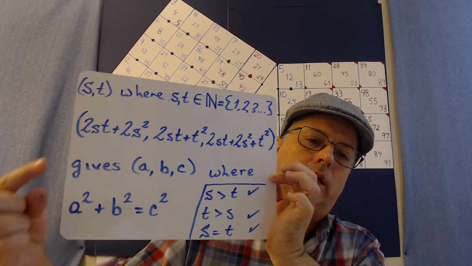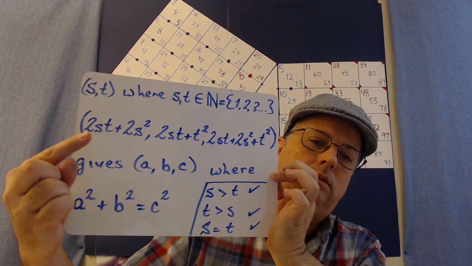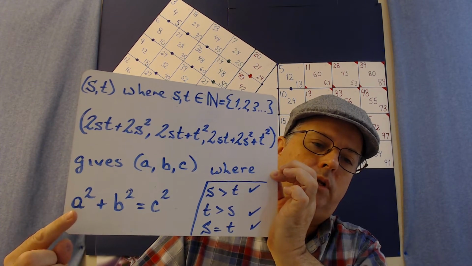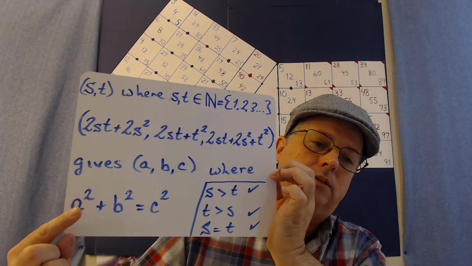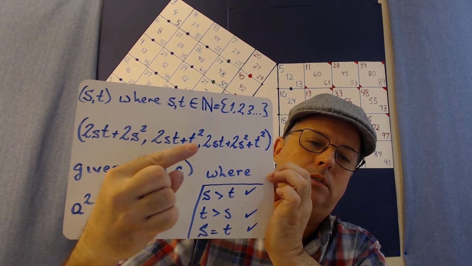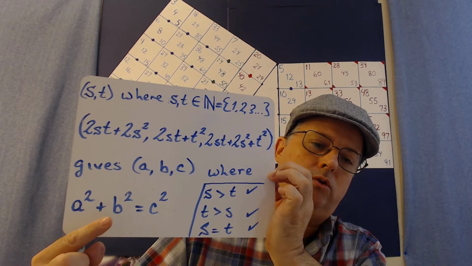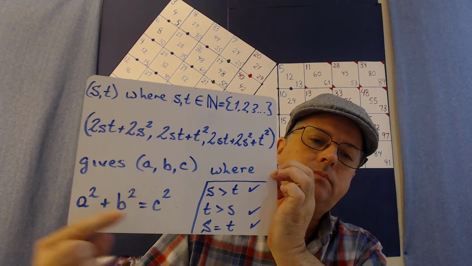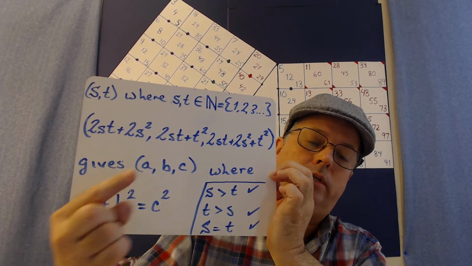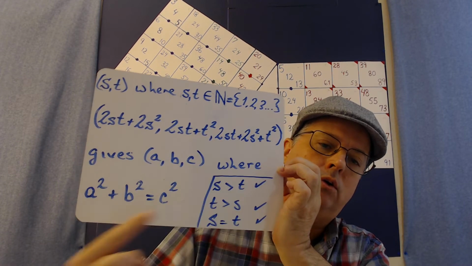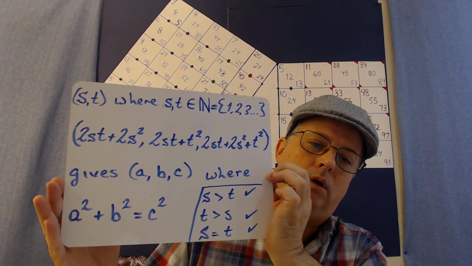So we want to show that that's true: if we take 2st plus 2s squared and substitute it in place of A and square it, and then we take 2st plus t squared and substitute it in place of B and square it, and we add those expressions together, we'll get this expression here squared for C, and it will all be equal. Okay, so let's do that.